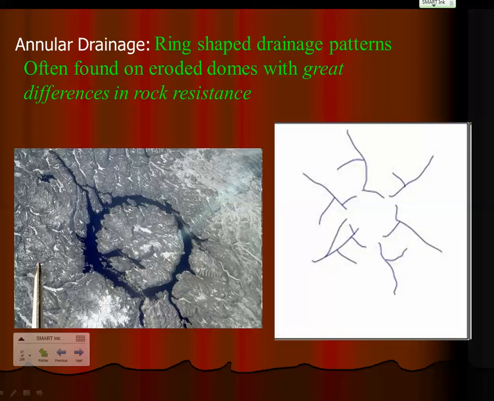And that's what's going on here. If it rains, the water, say if it falls there, tries to find whichever path is ever going to get it to the bottom. So it's a lot more complicated than a simple radial pattern.